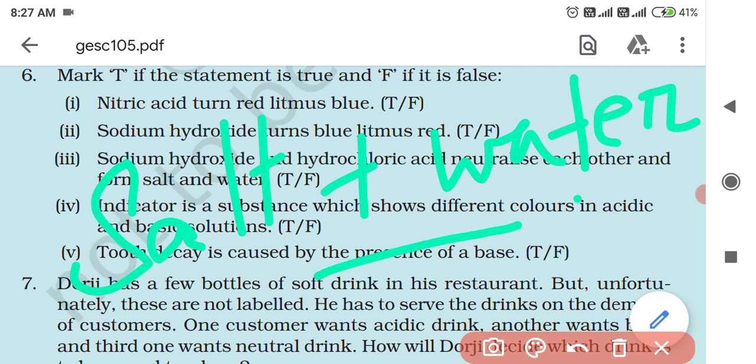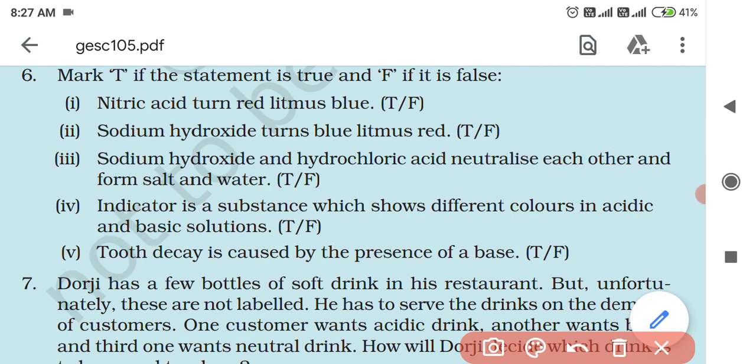Acid and base react with each other to form salt and water. So this statement is true, right? They will neutralize each other and form salt and water. So the answer here is true.